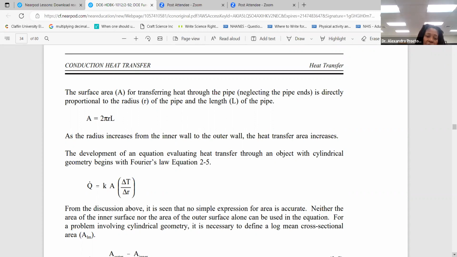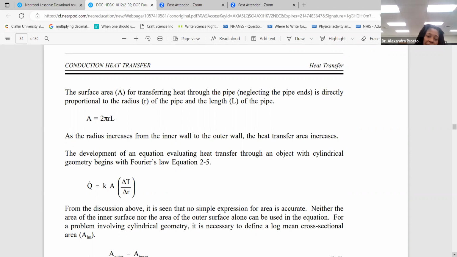The development of an equation evaluating heat transfer through an object with cylindrical geometry begins with Fourier's law equation, where Q is equal to K times A times delta T over delta R. And from the discussion, it is seen that no simple expression for area is accurate. Neither the area of the inner surface nor the area of the outer surface alone can be used in the equation.